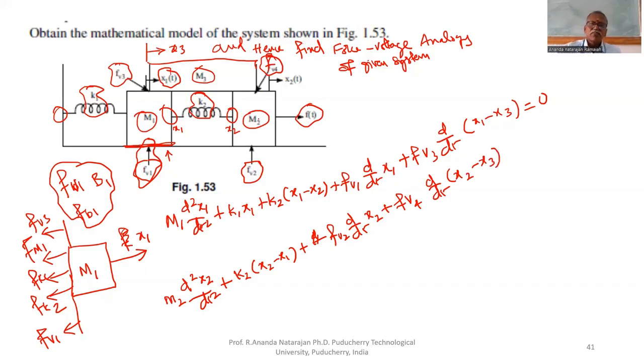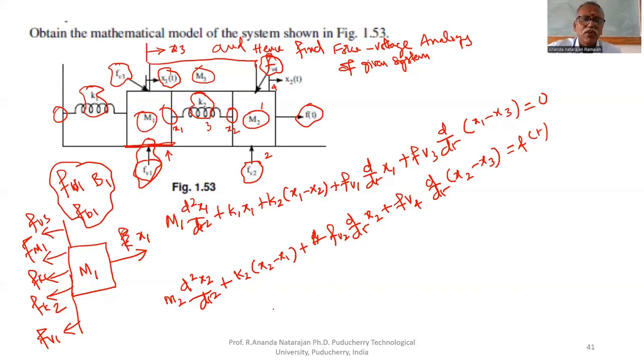How many forces? Because of M2, 2, 3, 4. That's all. 4 reaction forces. Applied force is f of t. That's all.